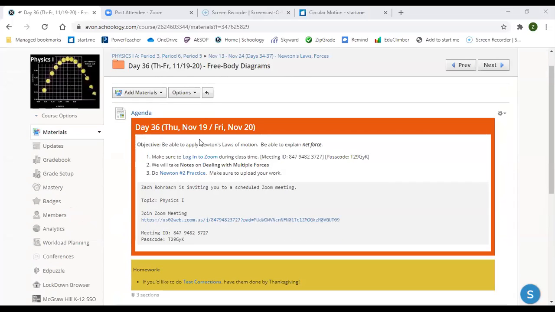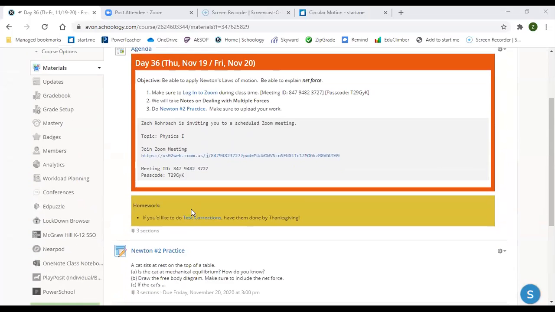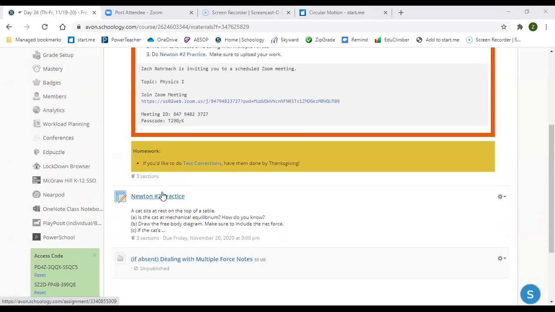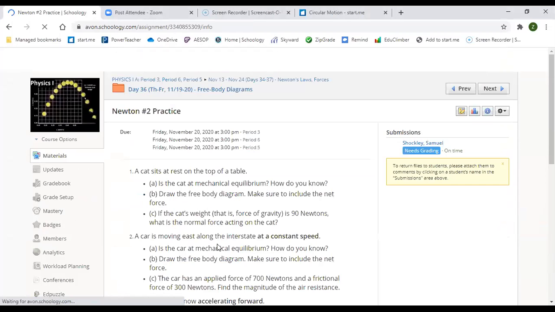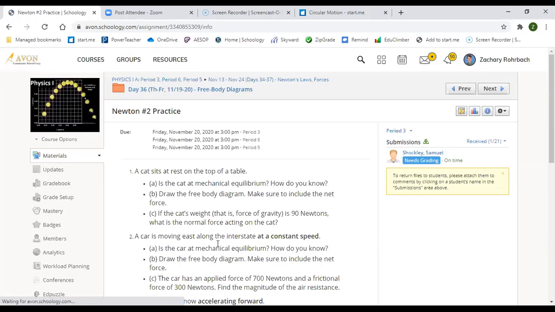So before you leave for the day, just take a picture of your notes. You can use Cam Scanner or Genius Scan, or you can just use your regular camera. I'm fine with whatever. But in today's folder, there's a place for Newton number 2 practice. If you would do me a favor and just upload that before you leave, I would appreciate that. I'll just put a quick participation grade in for that. But mostly I'm just interested in seeing how you guys are drawing it and if it's the same way I'm drawing it.